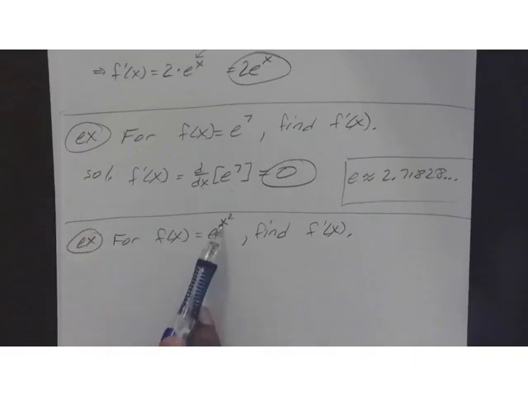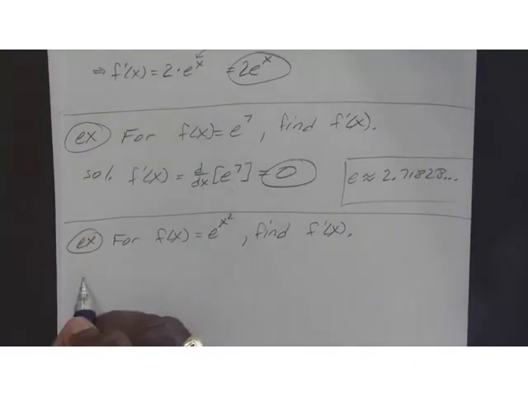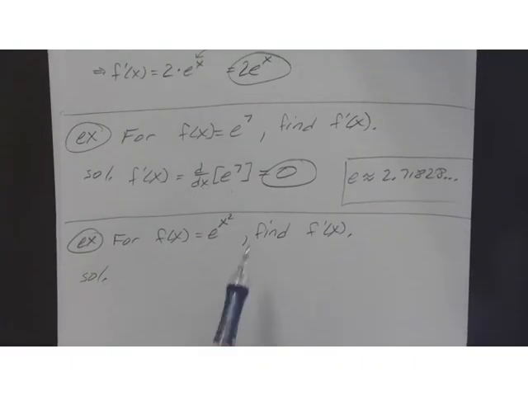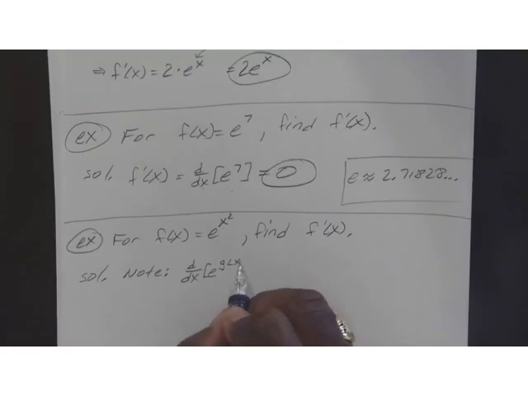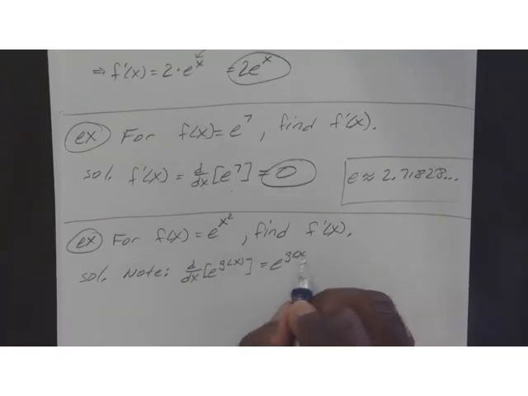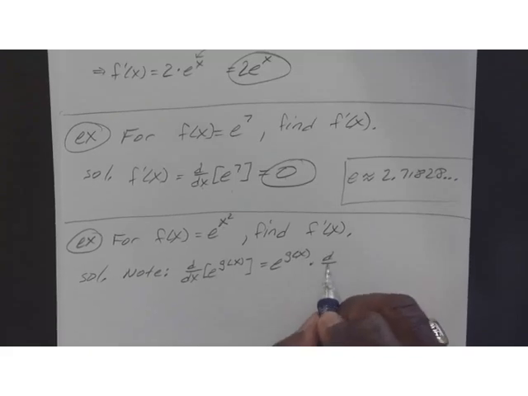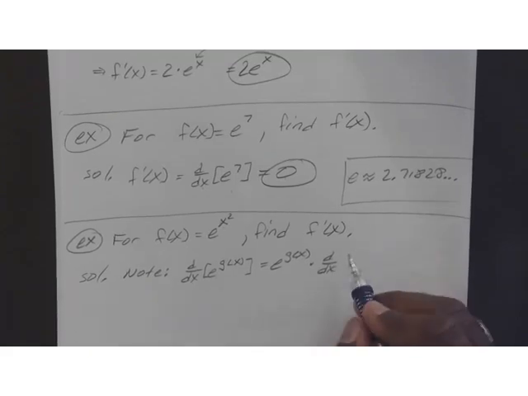So remember, if that exponent is anything other than x, just plain ordinary by itself x, you want to remember that the derivative of e to the power of some function g of x is equal to e to the power of g of x times the derivative of that g of x.